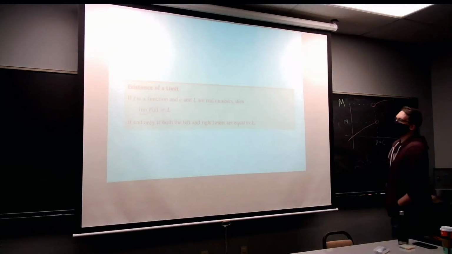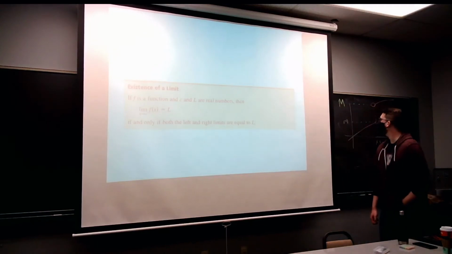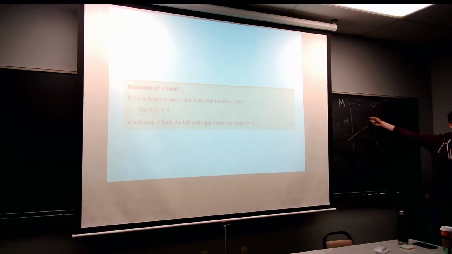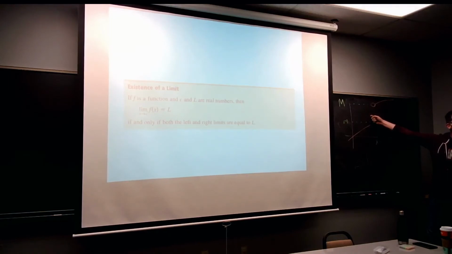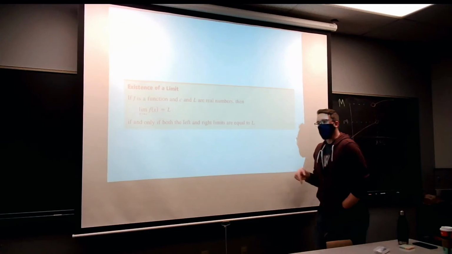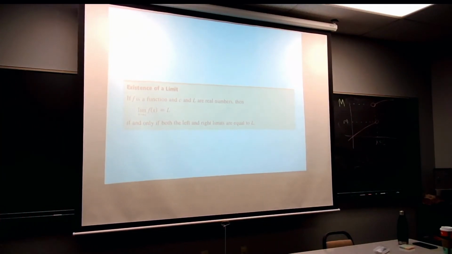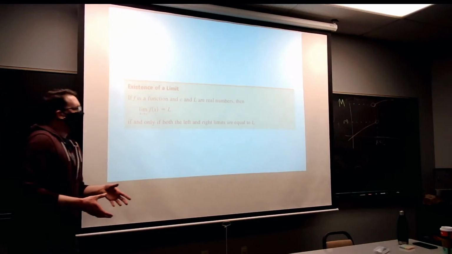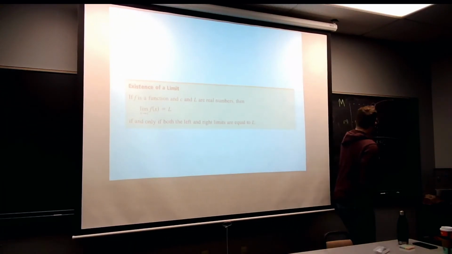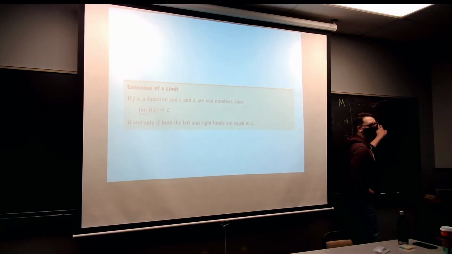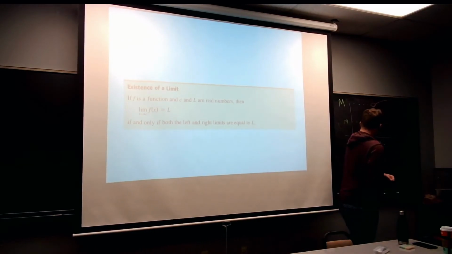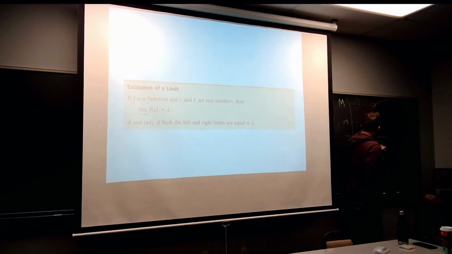So, in order, like I said, for this limit to exist, we can't be looking at a case like this. If we're looking at a case like this, you automatically know your limit doesn't exist, assuming that that jump discontinuity exists where c is. So what we're looking at here is what's called a jump discontinuity. And when you're taking the limit as x approaches c, then we would say it doesn't exist.